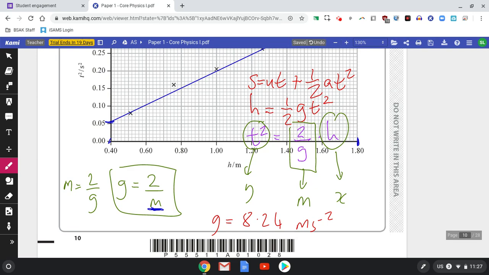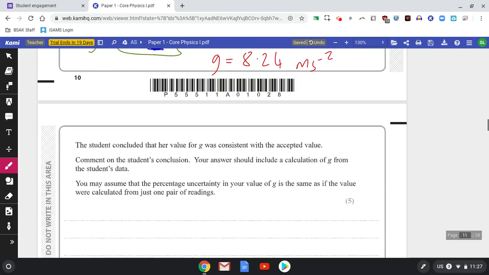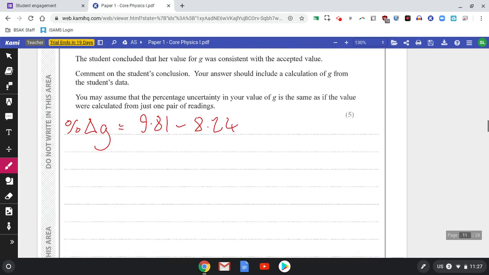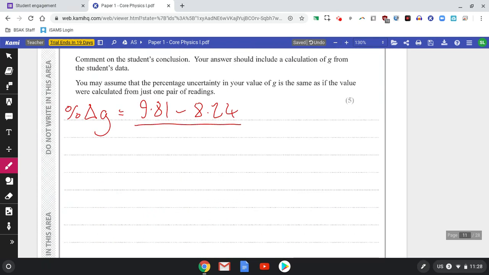So an obvious place to start would be percentage difference. Okay, so the percentage difference in g is going to be actual minus measured, was 8.24, yes, over actual. So what's that giving us?